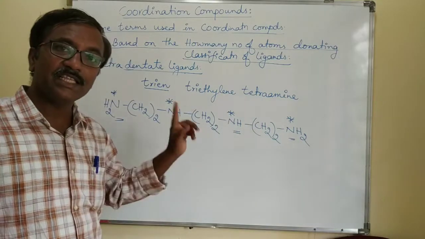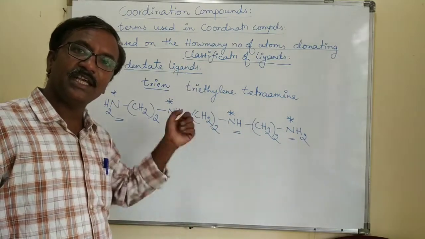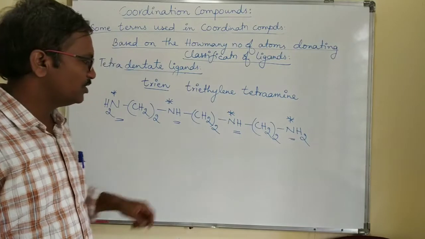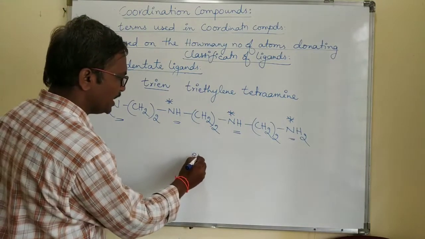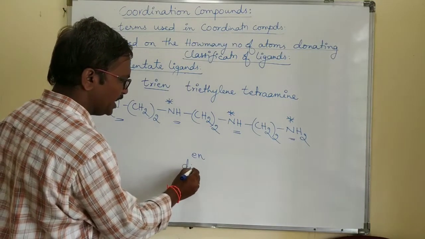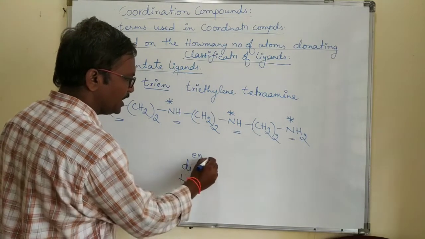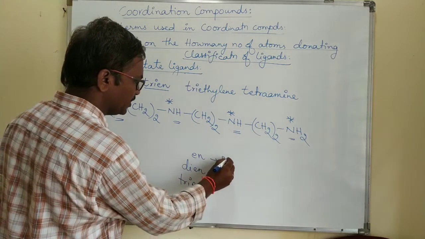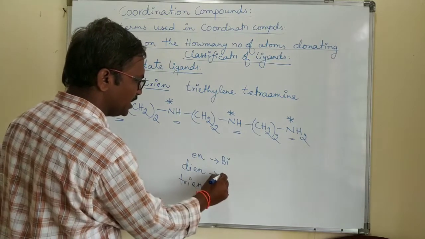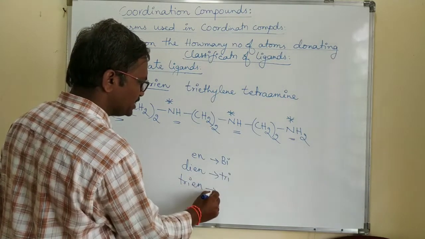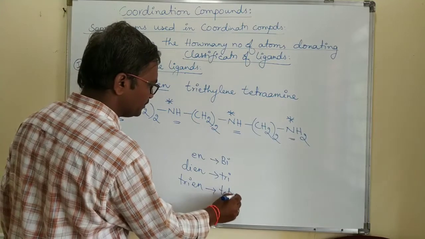Dien means diethylene triamine. En, dien, trien, so you should not confuse. En is the bidentate, dien is the tridentate, trien is the tetradentate.